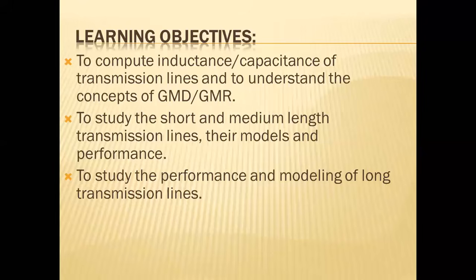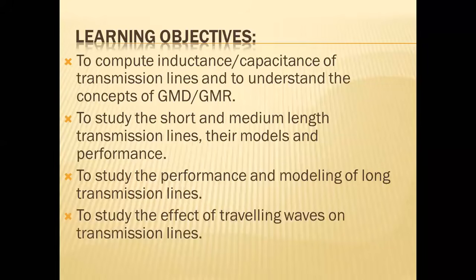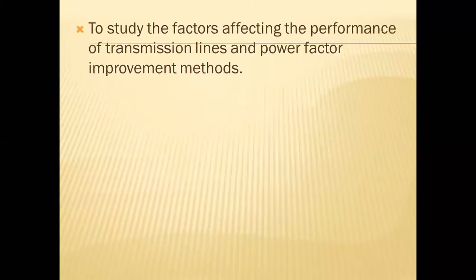Then traveling waves, the effect of traveling waves on the transmission lines will also be discussed. The factors affecting performance of transmission lines and the power factor performance. What are the factors affecting performance of lines?